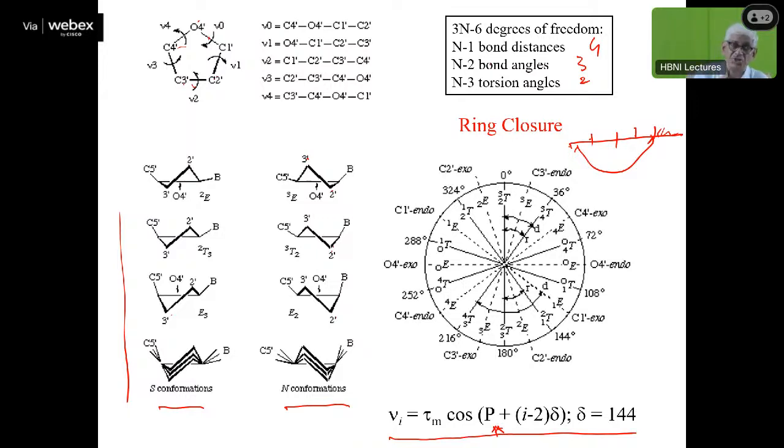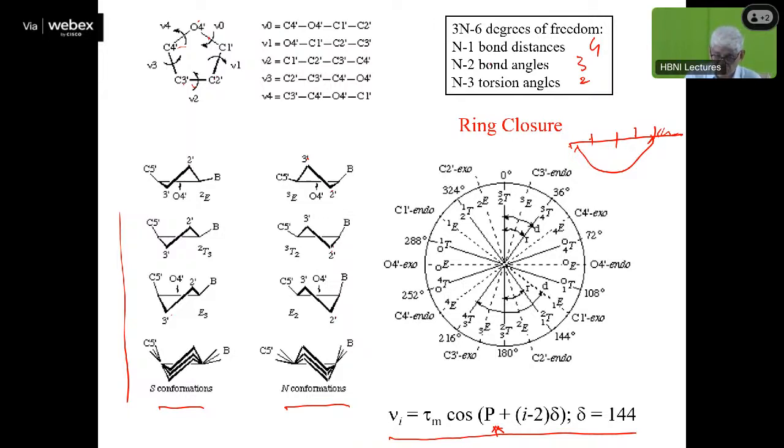I cannot put a restriction that you should only go from 0 to 180. It can go from 0 to 360. There's one independent degree of freedom, so that degree of freedom can go from 0 to 360. Depending upon what value it takes, you generate different combinations of nu0 to nu4 that result in different relative dispositions of the atoms.